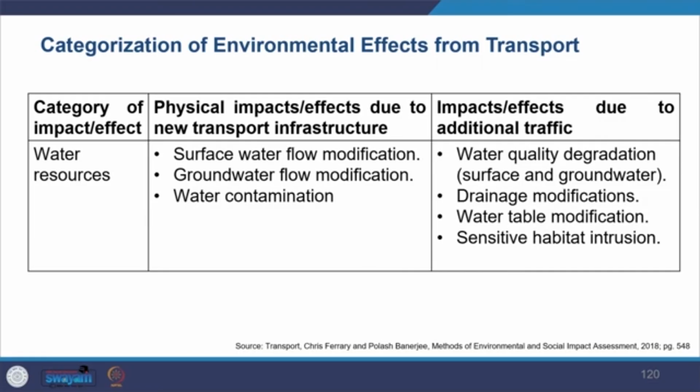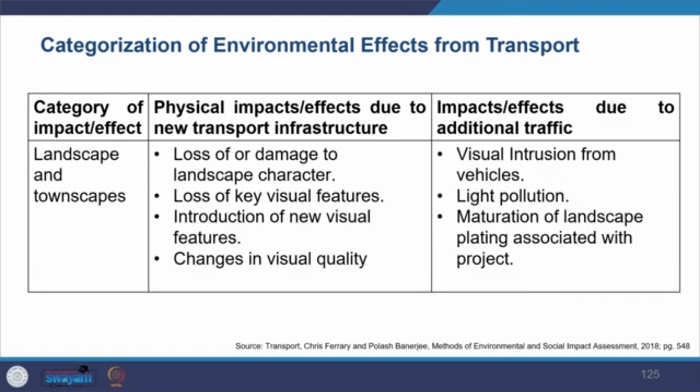And then there is also cumulative effect. So there would also be change in the landscape and townscape. So we're also going to see how one undertakes landscape impact assessment. So that's going to change the landscape character. There can be a loss of key visual features, and then there can be new visual features which can also come here. So that can also happen here.